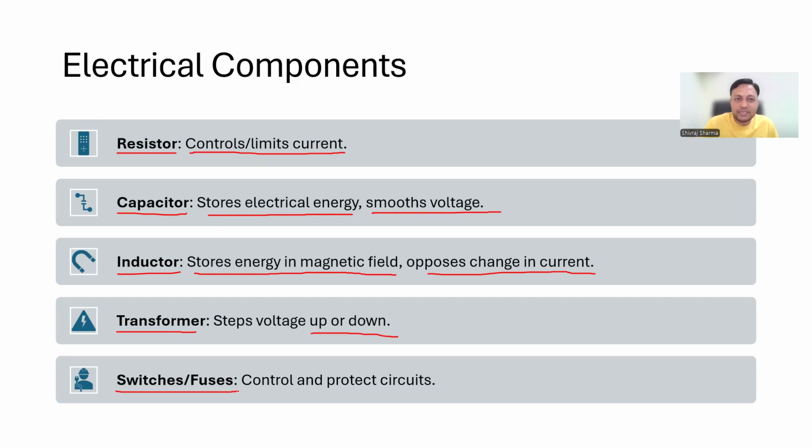So these are a few of the components you will see in the electrical field very frequently. Just like ABCD in the alphabet, whenever we need to learn English, the very first thing is to learn ABCD. In the same way, we need to understand these electrical components first of all.